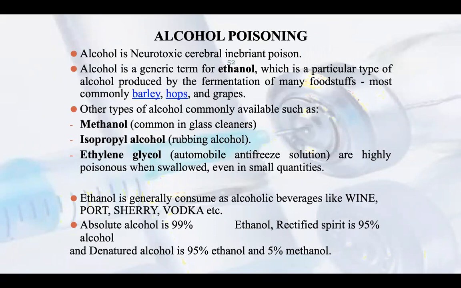Now we learn about alcohol poisoning. Alcohol is a neurotoxic poison. Alcohol is a generic term; ethanol is a particular type of alcohol produced by the fermentation of many foodstuffs, most commonly barley, hops, and grapes.